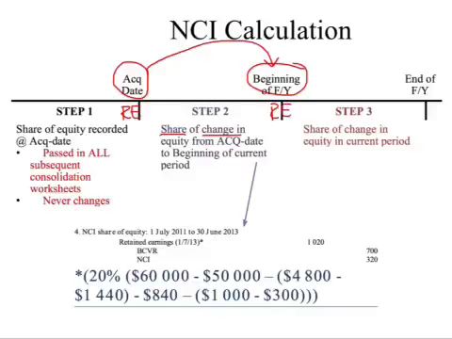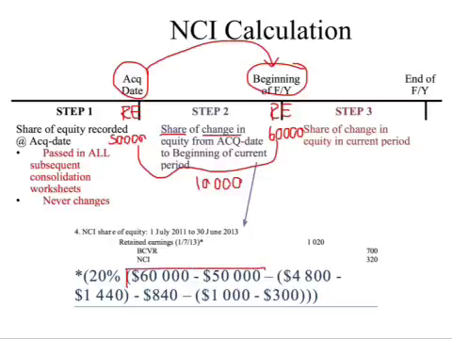Now we know at acquisition the retained earnings was $50,000, and in the question they told us that the retained earnings at the beginning of the current year was $60,000. So we start off with the earnings over this period of $10,000. Okay, so that's the first part of the calculation.